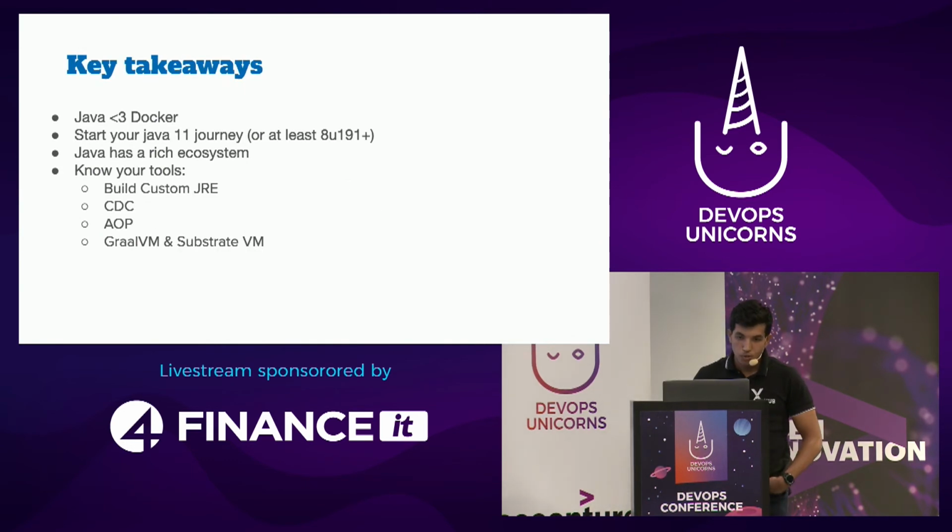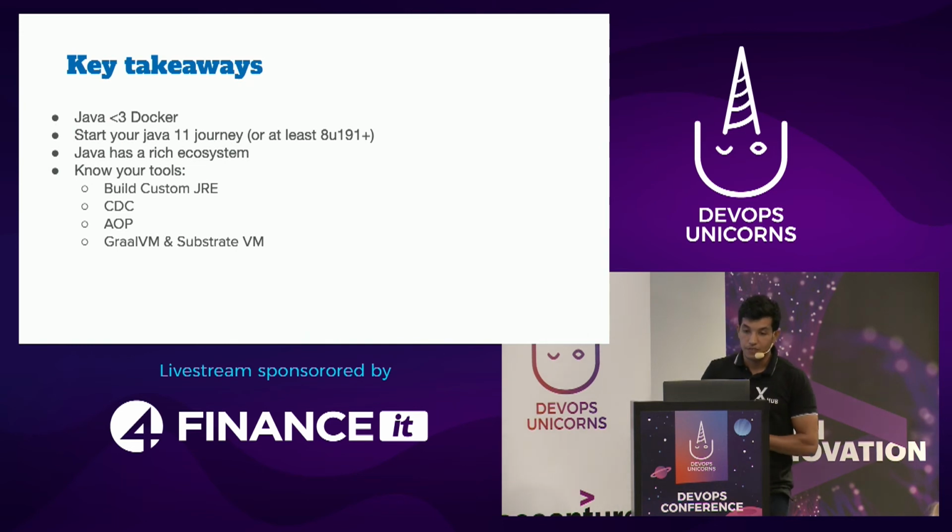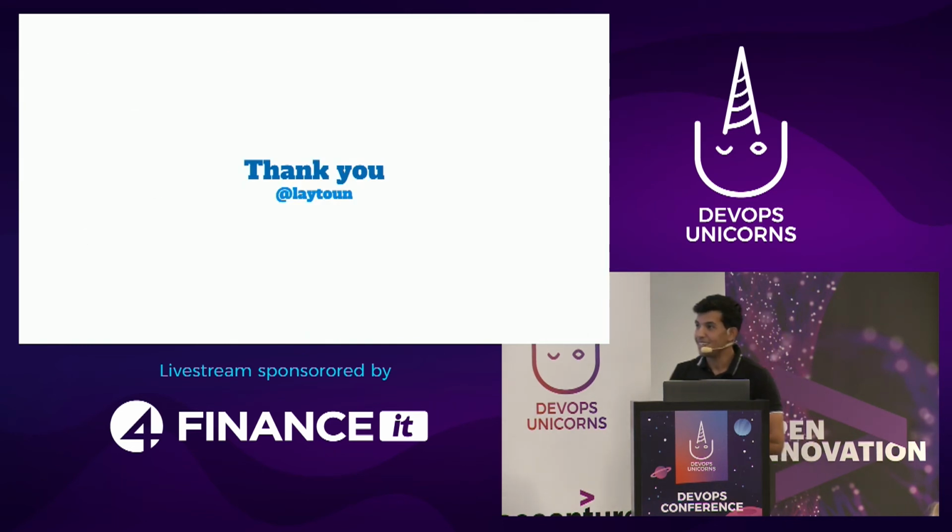So, final word: is it a good idea to put a Java application inside a container? Yes, definitely, but keep in mind that Java is not yet completely container aware, especially the previous versions of Java. Use the latest version of Java as far as you can, and keep in mind that Java has a rich ecosystem with many tools that make working with Java a lot easier. And with that, thank you.